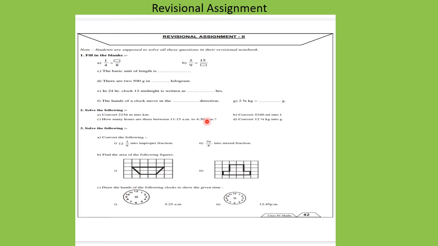So 4 hours in between, initially 45 minutes, and at the end 30 minutes. 45 minutes and 30 minutes make 75 minutes. And 75 minutes consists of 1 hour and 15 minutes. So I had 4 hours and one more hour, so 5 hours and 15 minutes is the duration between these two timings.